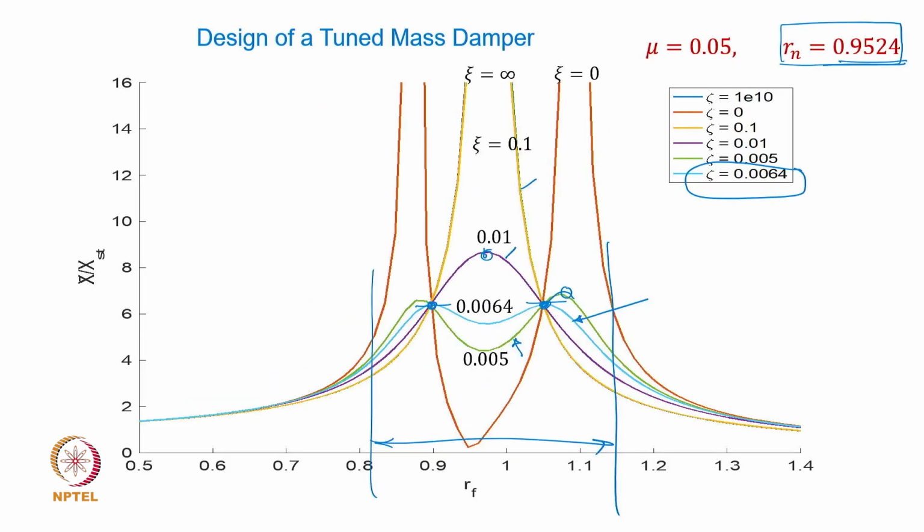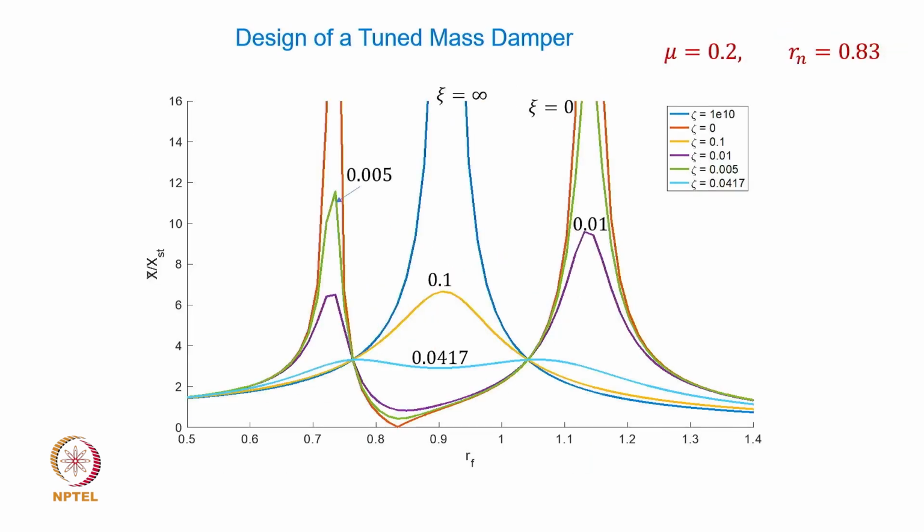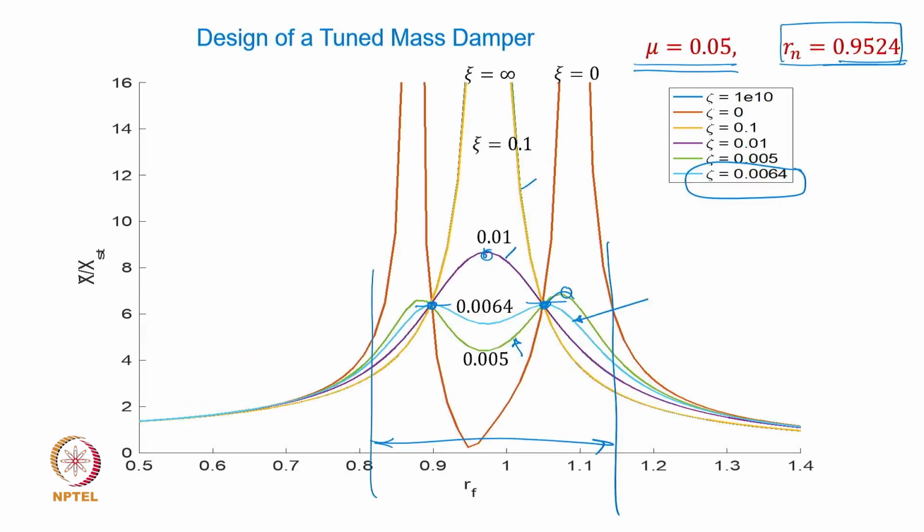Now, just to give you an example, instead of a mass ratio of 0.05, if I choose a much larger mass ratio, mu equal to 0.2, look at how low the amplitude can come down. You see this, this is typically maybe close to 3 units. Okay, the amplitude ratio, how much was it here? Close to 6.